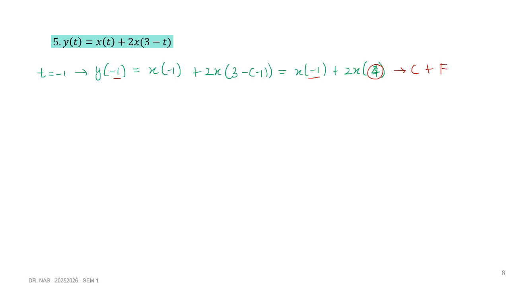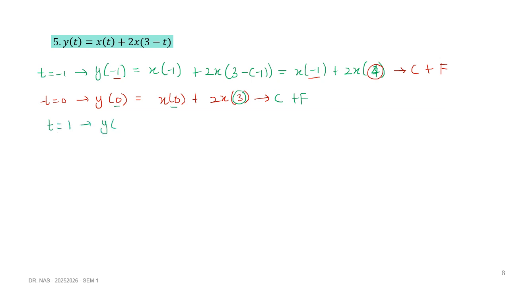Okay, let's try t equal to 0. y(0) equal to x(0) plus 2x(3 minus 0), which is 3. Let's check the states. The current state is 0, so here you have current state plus 3, again another future value. Let's try the third, t equal to 1.